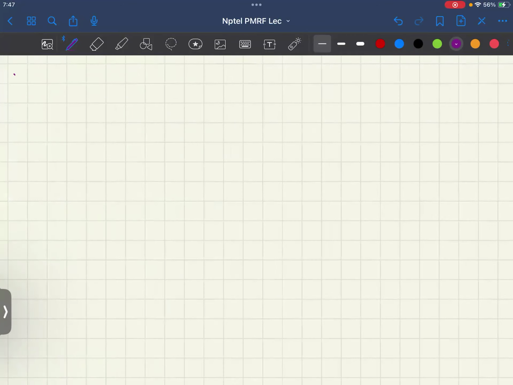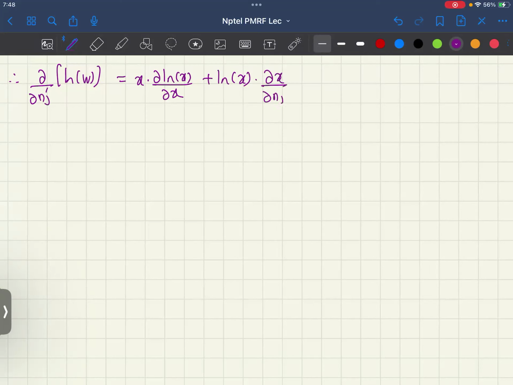Therefore, dou by dou nj of ln of w is going to be equal to x into dou ln x by dou x plus ln x into dou x by dou nj minus summation j is equal to 0 to m of nj into dou ln nj by dou nj plus ln of nj into dou nj by dou nj.